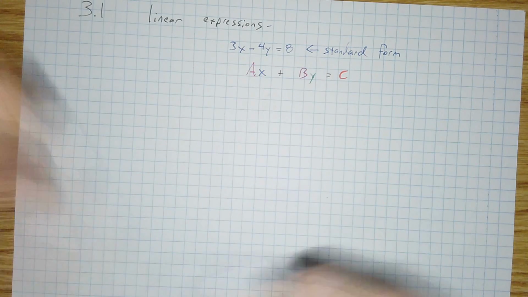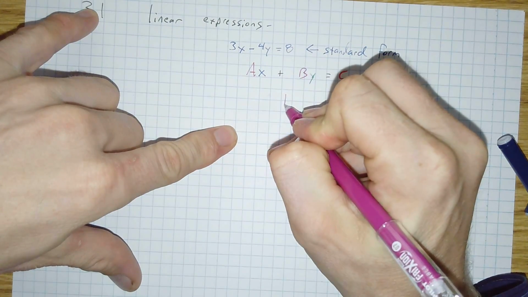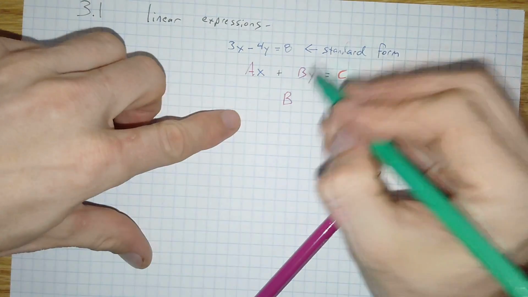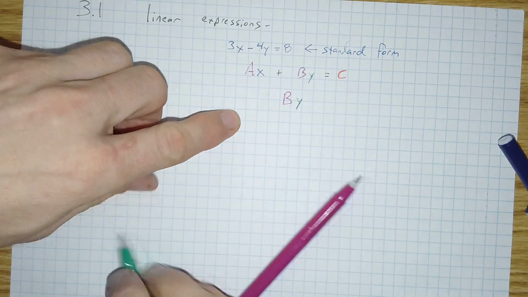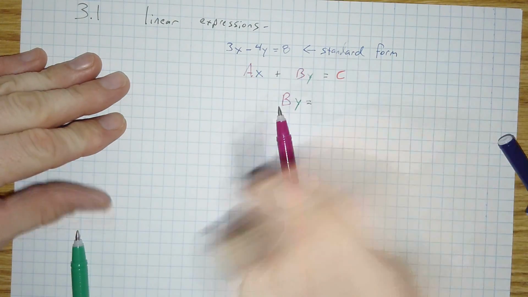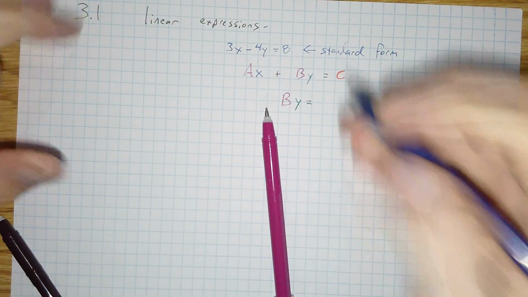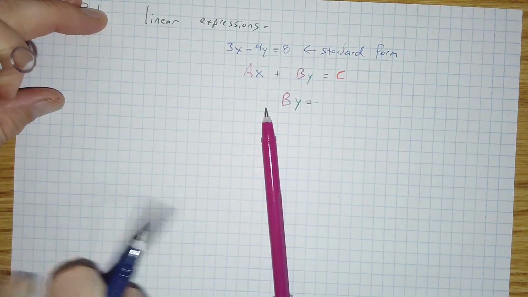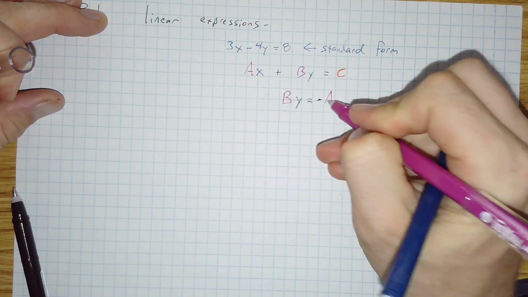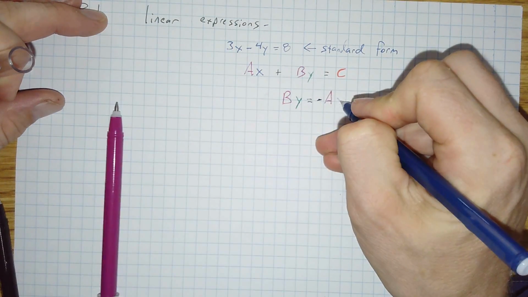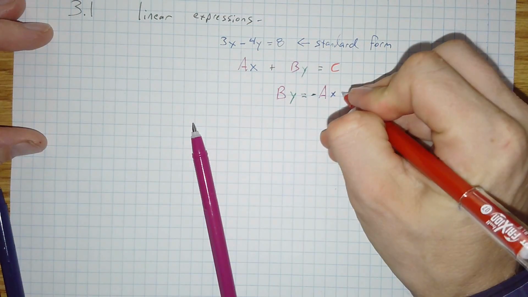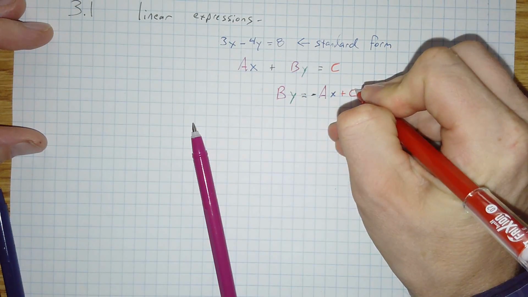So By equals negative Ax plus C. I'm just solving for y right here.